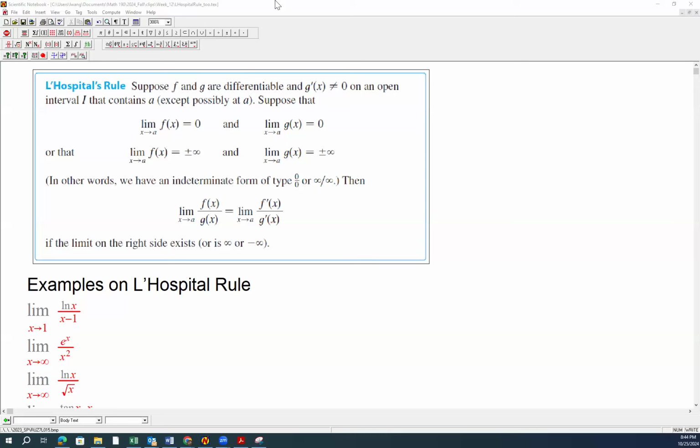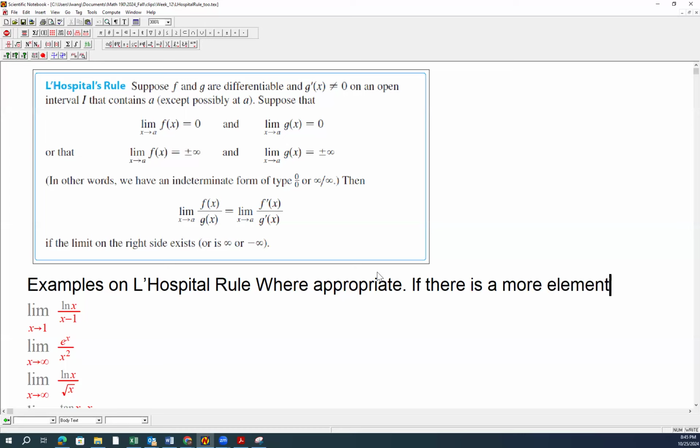Okay, so I'm going to type it. Examples on L'Hopital rule, where appropriate. If there is a more elementary method, consider using it.